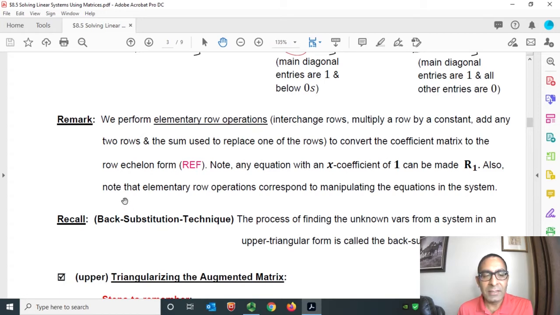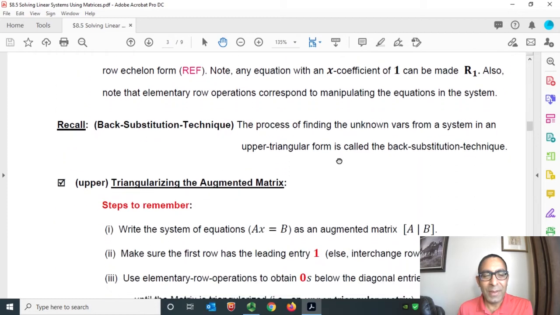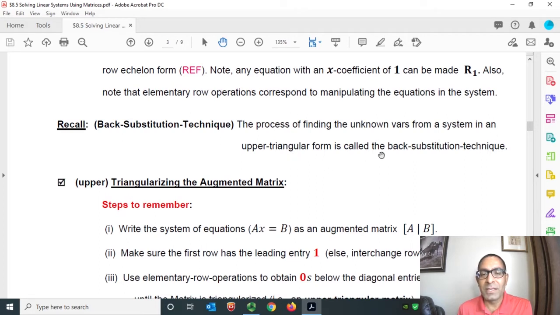Also note that elementary row operations correspond to manipulating the equations in the system. Quick recall: the process of finding the unknown variables from a system in an upper triangular form is called the back substitution technique. We studied the back substitution technique in our last class.